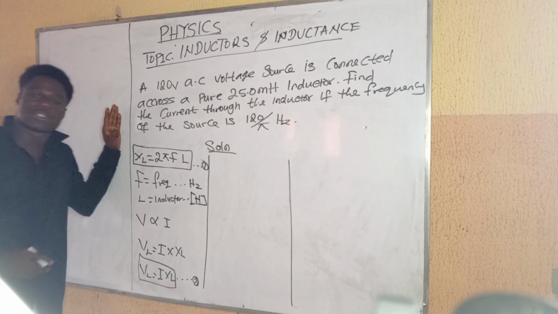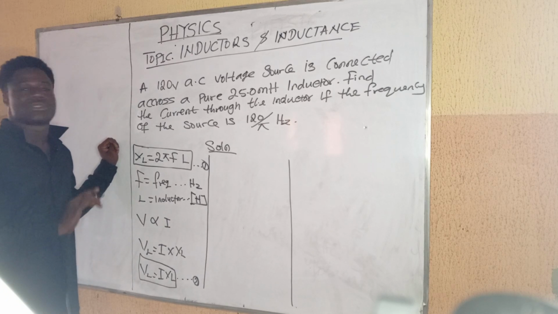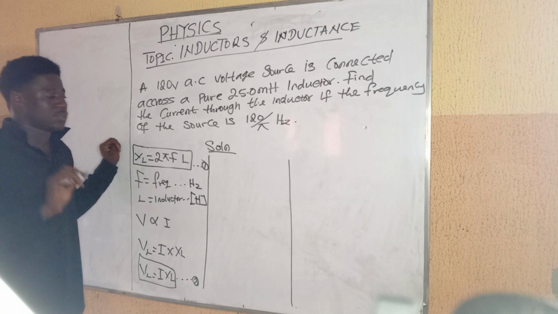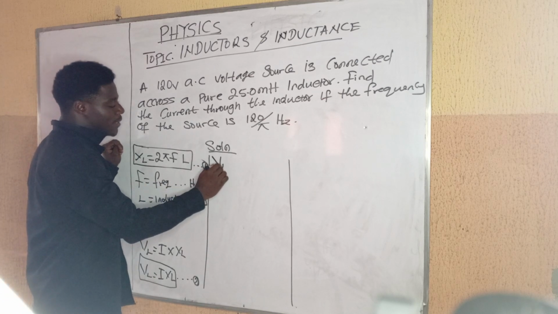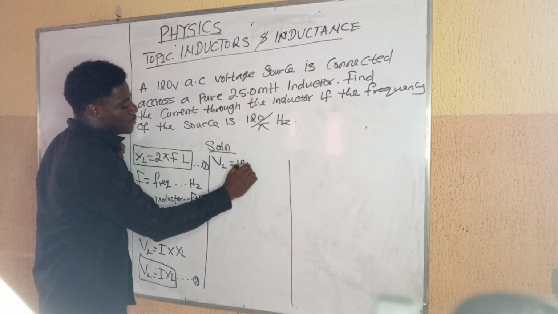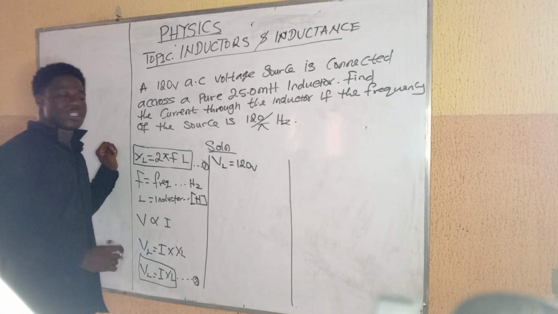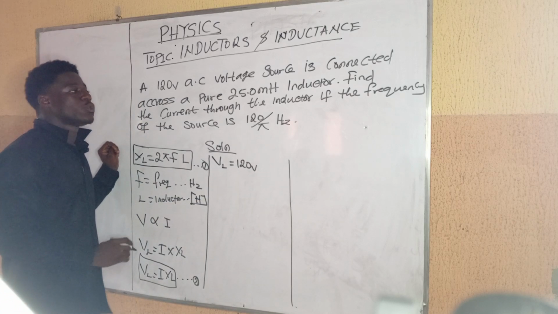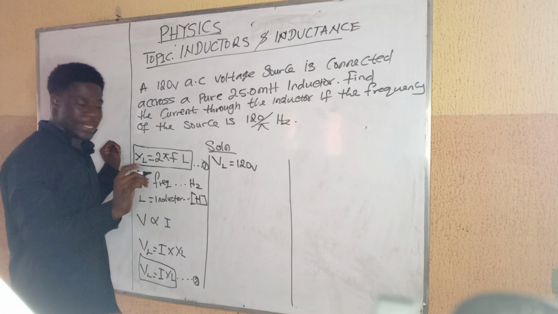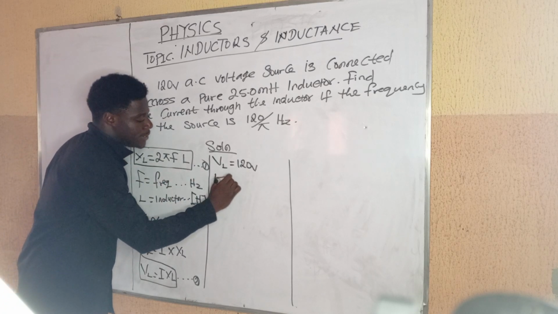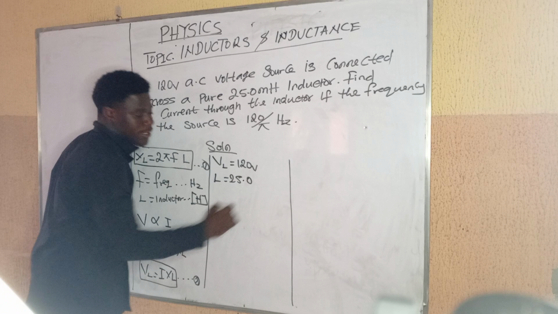Coming to the question, a 120 volts AC voltage source, so our potential difference is 120 volts. It's connected across a pure 25.0 millihenry inductor.